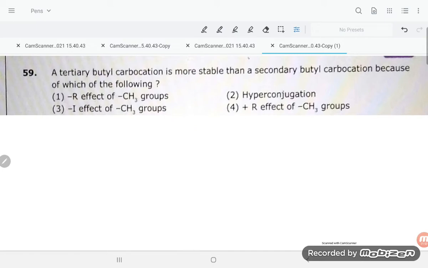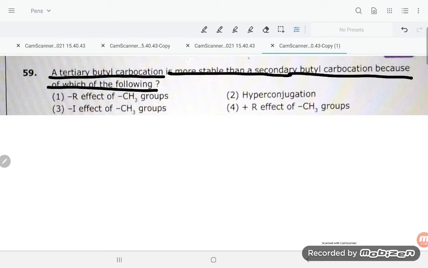What is question 59? A tertiary butyl carbocation is more stable than a secondary butyl carbocation. What is the reason? If you see the tertiary carbocation, this is there, and if you talk about the secondary carbocation, this is the secondary carbocation.